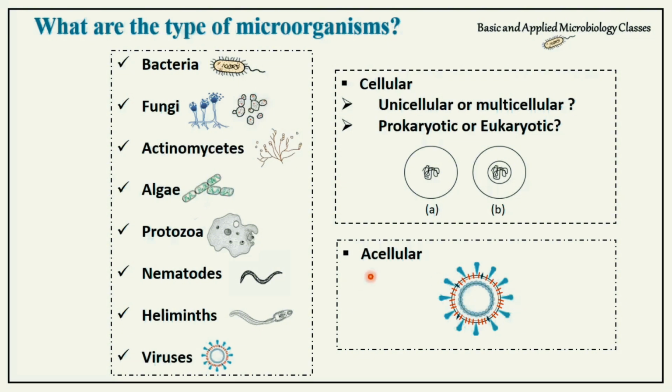Viruses are also known as nucleoprotein particles. They have only a protein coat, the capsid, and in the center they have nuclear material, that is RNA. This figure is of which virus? This is of the coronavirus, COVID-19. You can see here the outer capsid, the protein coat, and inside, the RNA molecule.